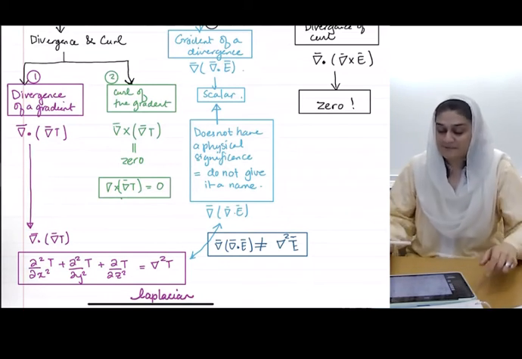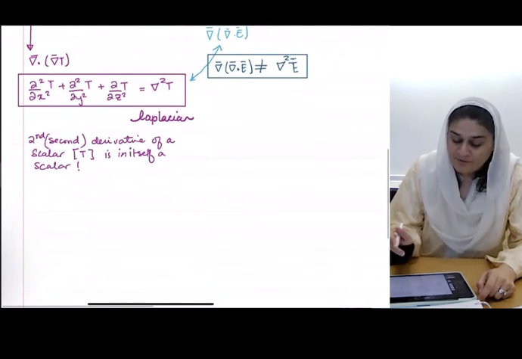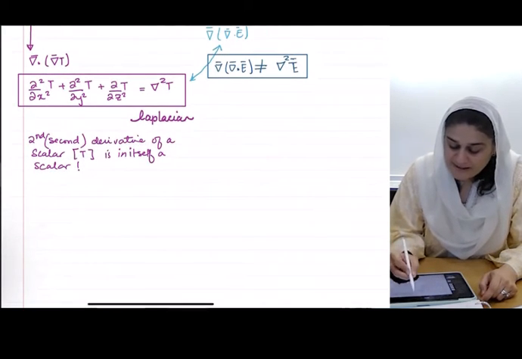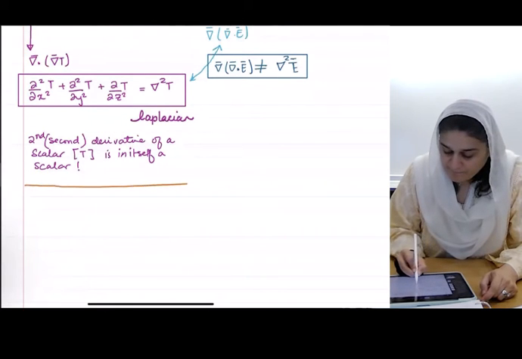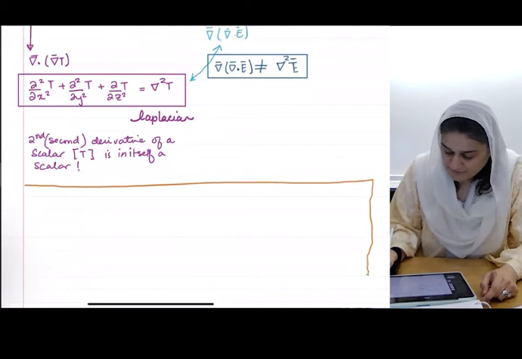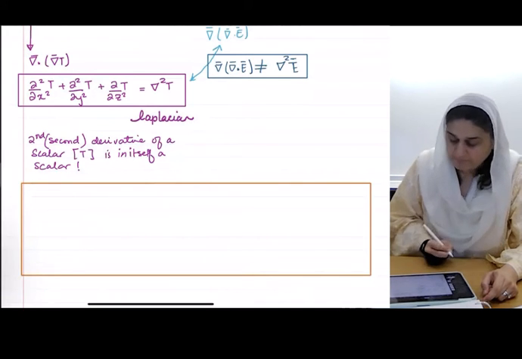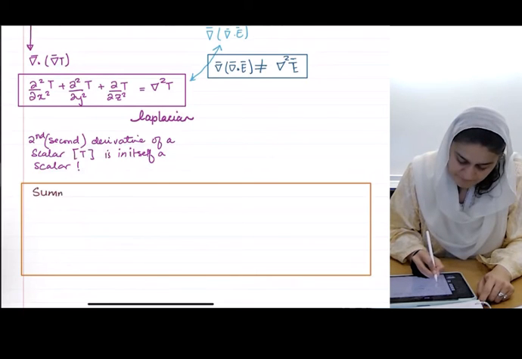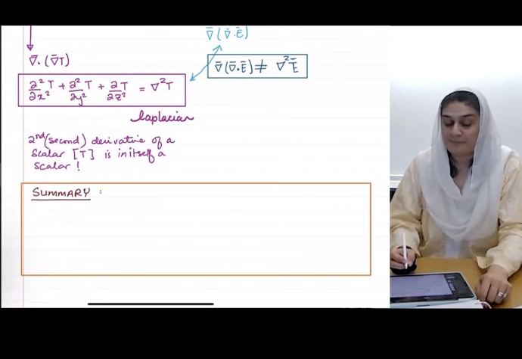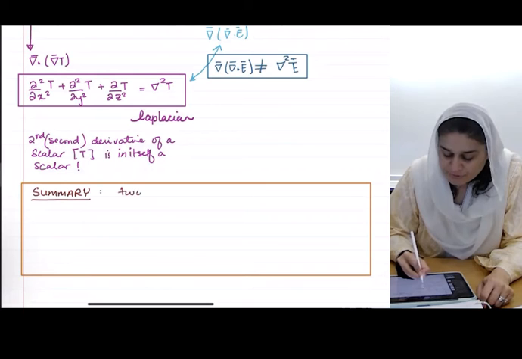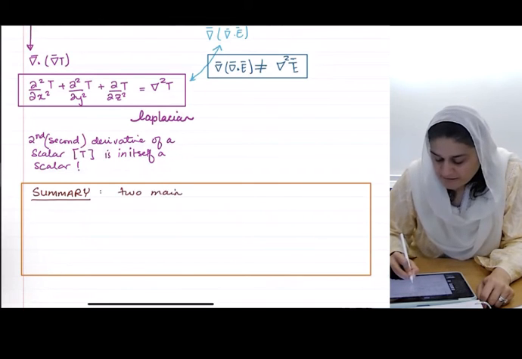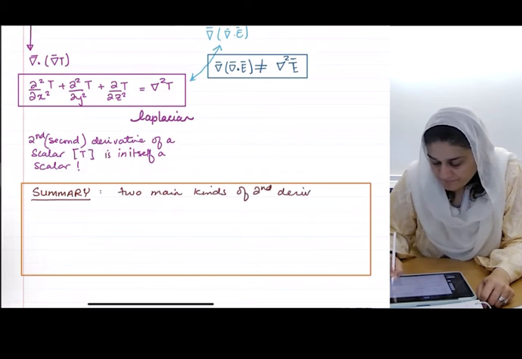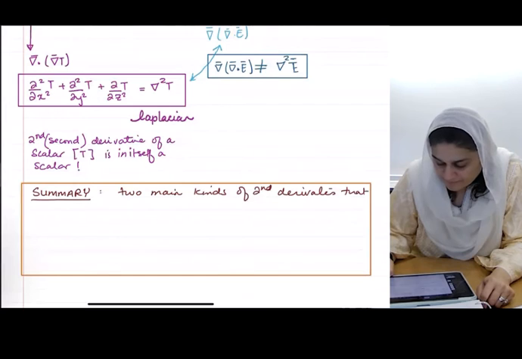So all of this stuff that Griffith does can now be reduced to these basic two things. Can I put them in a box? So, summary. This is what I want you to remember. There are only two main kinds of second derivatives that we care about.